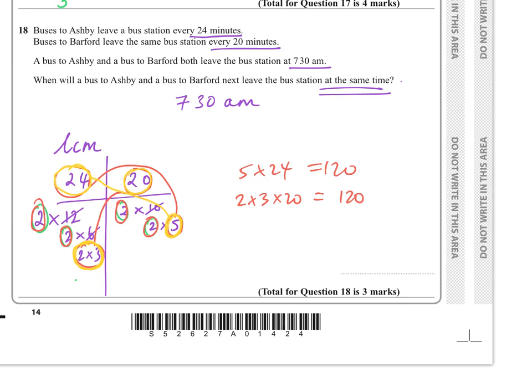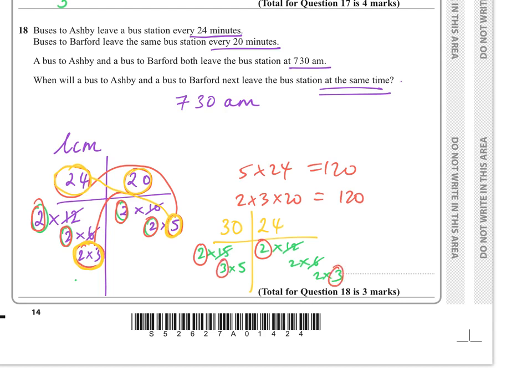So I'll give another quick example. Say you had 30 and 24. Well, this will be 2 times 15, which is 3 times 5. This is 2 times 12, which is 2 times 6, which is 2 times 3. Circle what they do have in common. So I'm not going to mess this up this time.